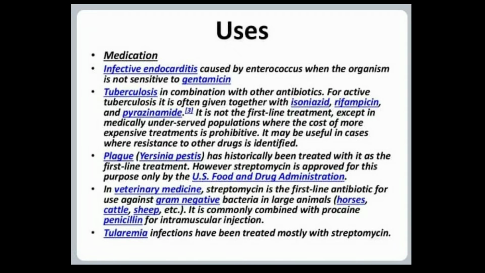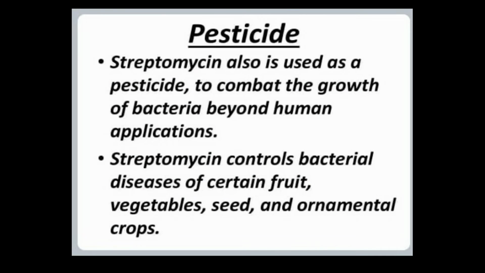Streptomycin is a first line antibiotic for use against gram-negative bacteria in large animals, such as horses, cattle, sheep, etc. It is commonly combined with procaine penicillin for intramuscular injection. Then a tularemia infection has been treated mostly with streptomycin.